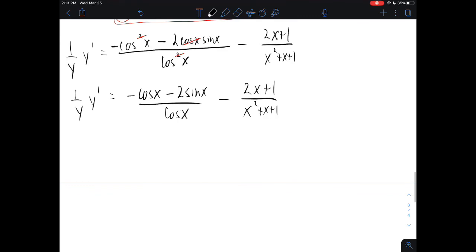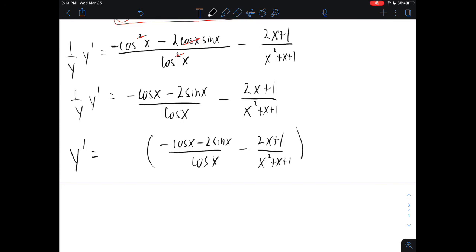So all that is left is just multiplying both sides by y, which means I would have the whole right-hand side, negative cosine x minus 2 sine x divided by cosine x minus 2x plus 1 divided by x squared plus x plus 1. And that would have to be multiplied by y.